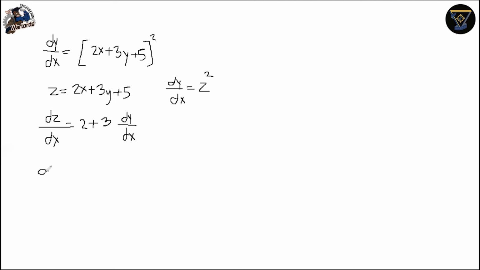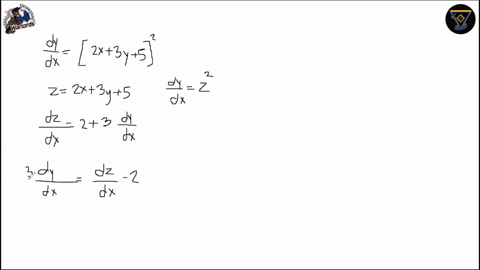So what we're saying is that 3 dy over dx is equal to, we're going to bring the 2 over this side. So if we bring this over this side, it's going to be dz over dx, and it's minus 2 because over this side it was a positive.